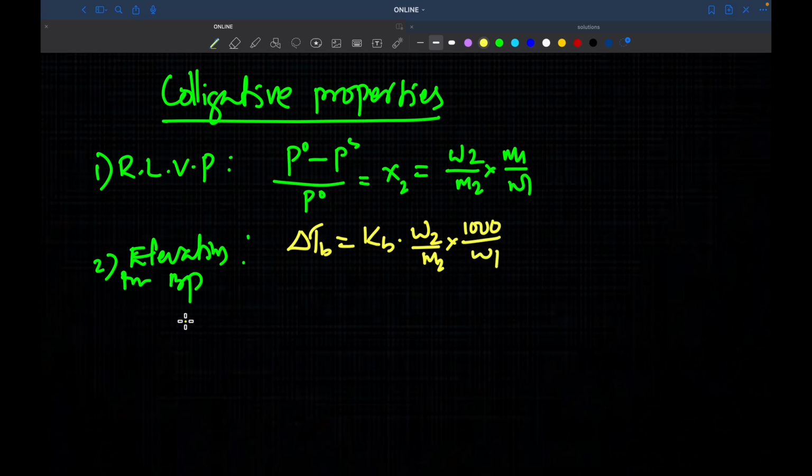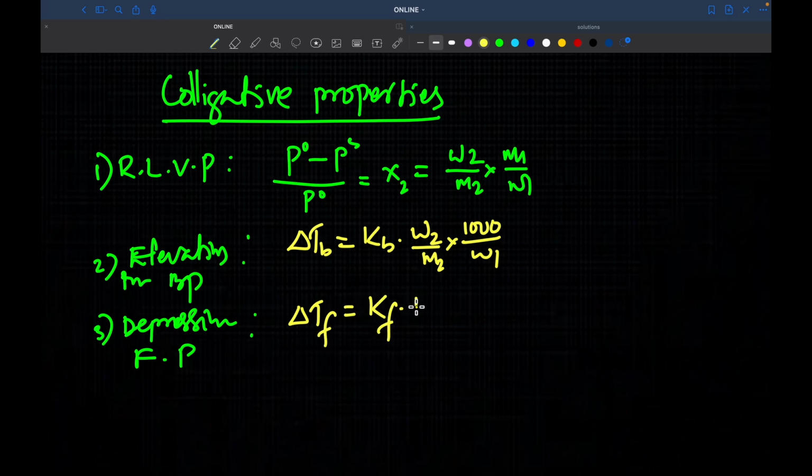So this is the formula we used for elevation in boiling point. The next one, third one, is depression in freezing point. Here we use Delta Tf equals Kf times W2 by M2 into 1000 by W1. Right, this is depression in freezing point.